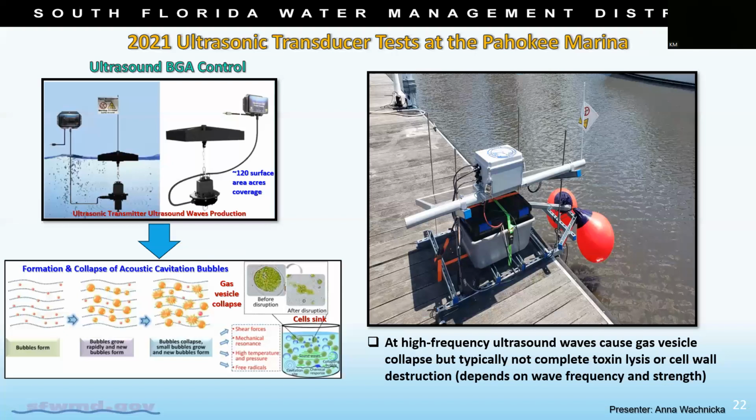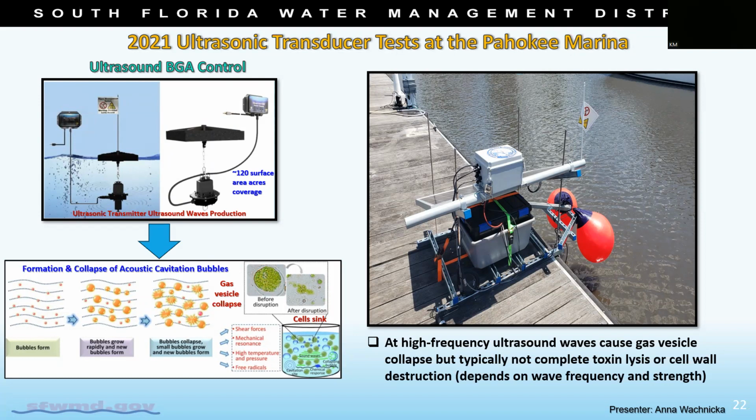So how do the transducers work? The transducers produce high-frequency ultrasound waves, and they produce cavitation bubbles. The bubbles grow and burst, and that releases a lot of energy and affects the gas vesicles within the cyanobacteria cells, like Microcystis cells.